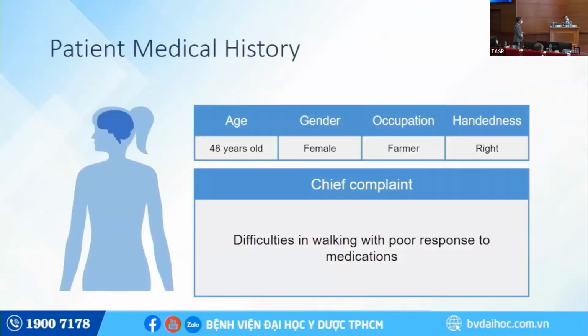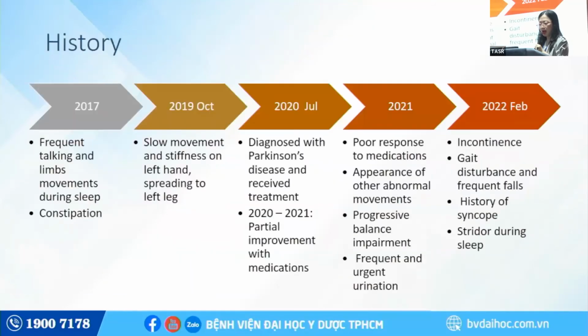And my second case is a 48-year-old female who came to us because of difficulty in walking, which responds poorly to the medication. Regarding the patient history, since 2015, she reported frequent talking and limb movements during sleep.